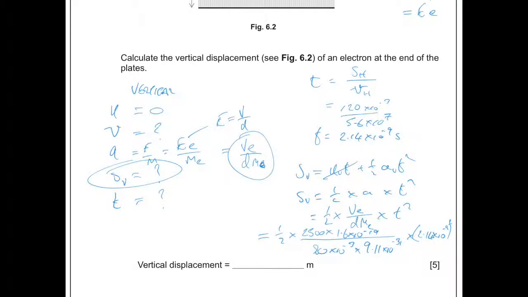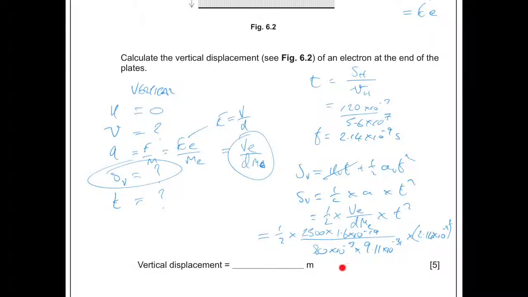So stick with me here. Okay, so we've got a half times the voltage times the charge of an electron. On the bottom line, we're dividing by 80 millimeters, 80 times 10 to the minus 3, and the mass of an electron, which is 9.11 times 10 to the minus 31 kilograms, and then we're multiplying all that by t squared, which is this 2.14 times 10 to the minus 9, but we must also square it.